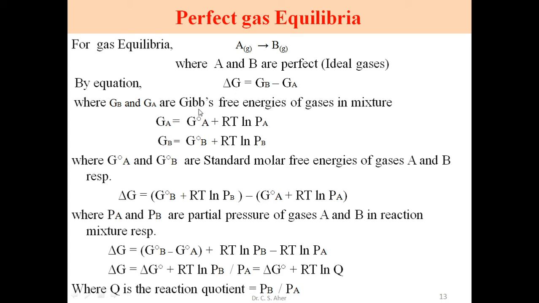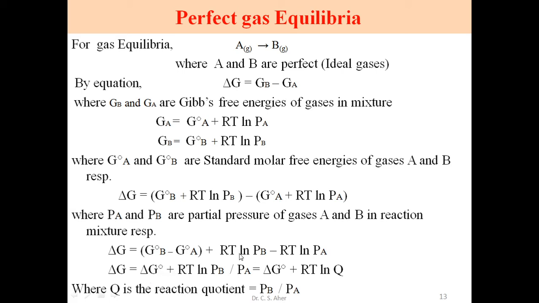Putting these values of GA and GB in the above equation, we open the bracket, signs are changed, and we rearrange the equation, where PA and PB are the partial pressures of gases A and B. When we rearrange, we collect the standard Gibbs energy change in one bracket and the remaining part separately. So we have the standard Gibbs energy of B minus the standard Gibbs energy of A, that is product minus reactant, that is delta G naught.